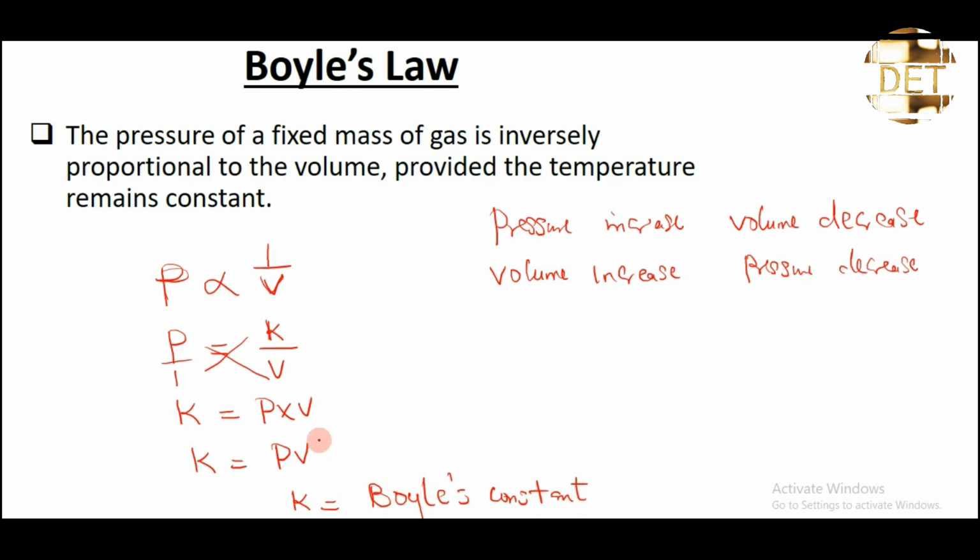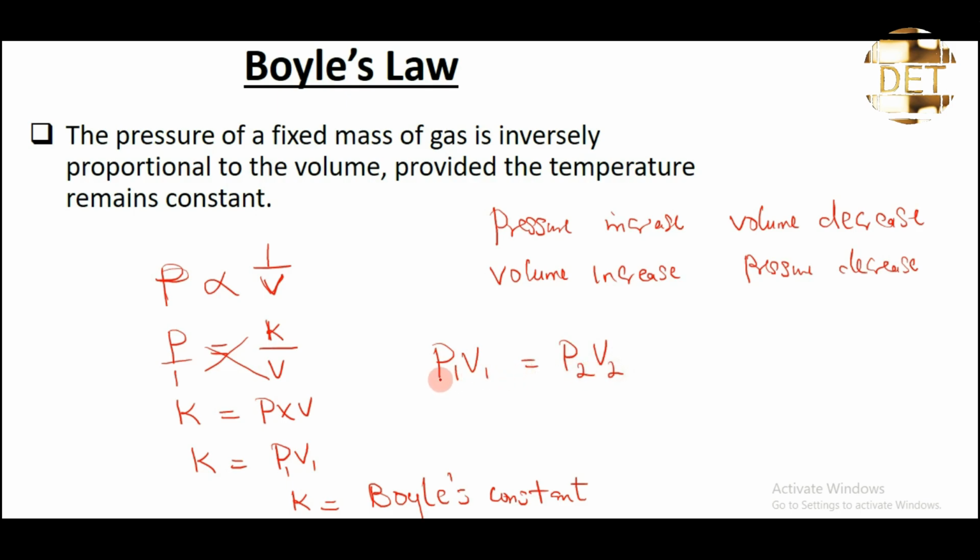If we are comparing two gases, two fixed masses of gas, this is P1 and this is V1. So we can have the equation as P1V1 is equal to P2V2.